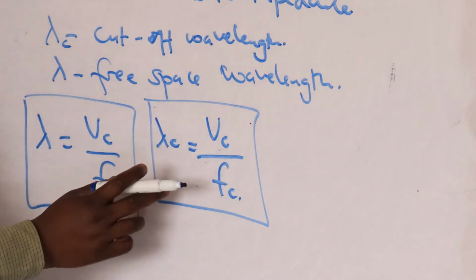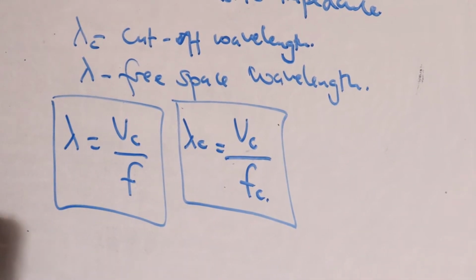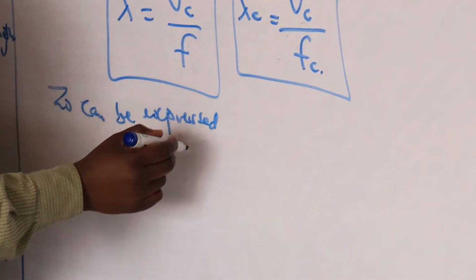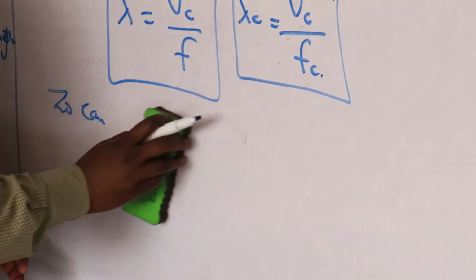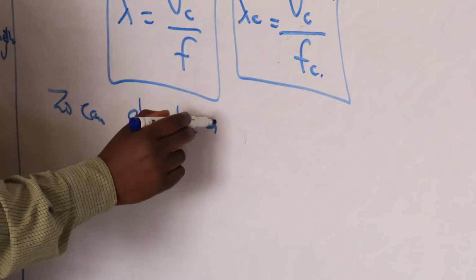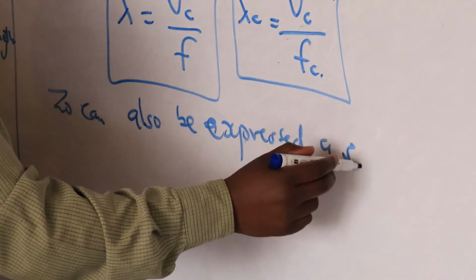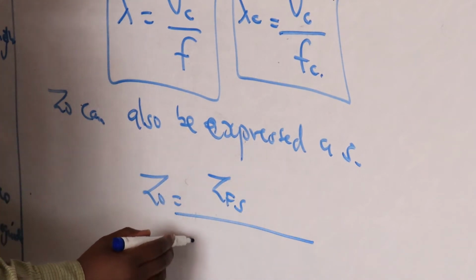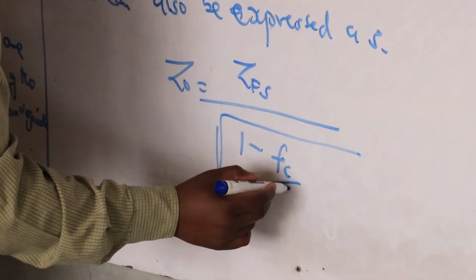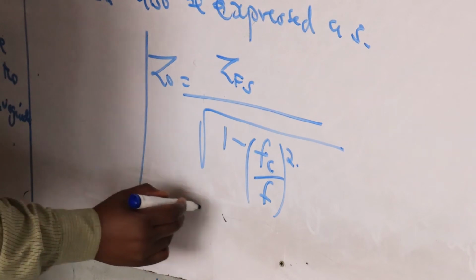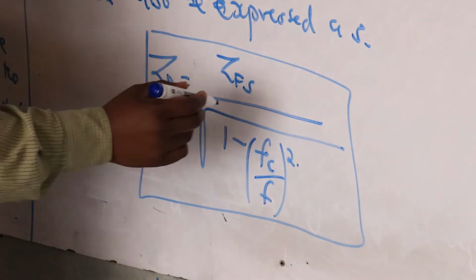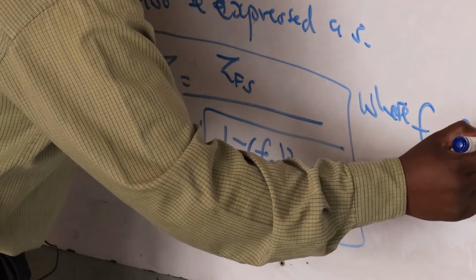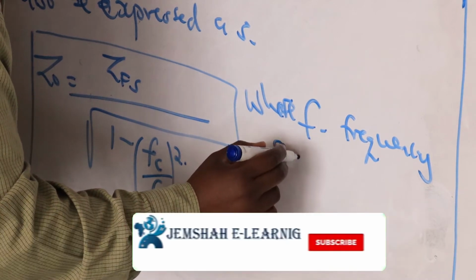Z0 can also be expressed in terms of frequency, where F is the frequency of propagation of the wave.